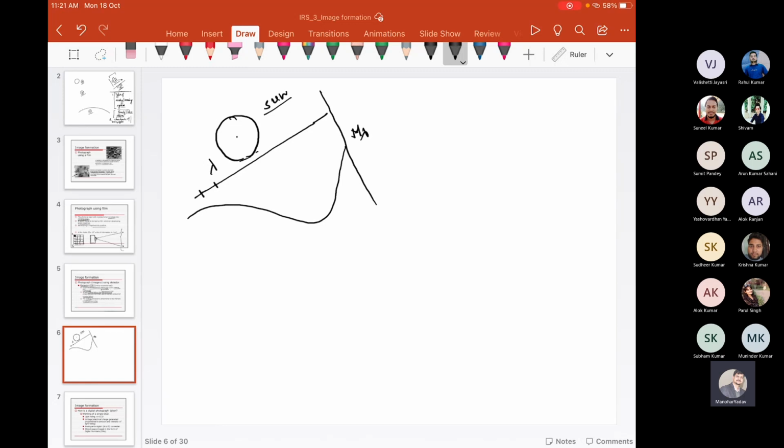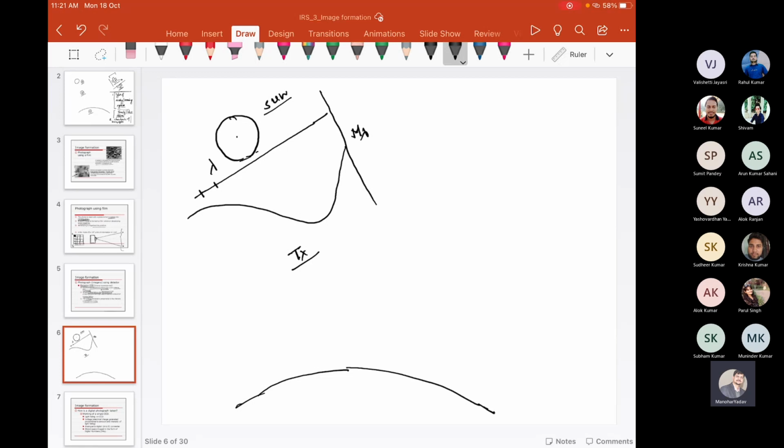Now this electromagnetic energy passes through the medium and is multiplied with the atmospheric transmission. Then further that energy reaches the Earth's surface.